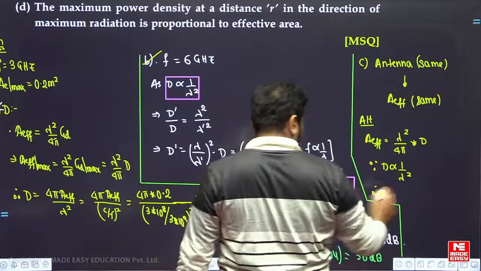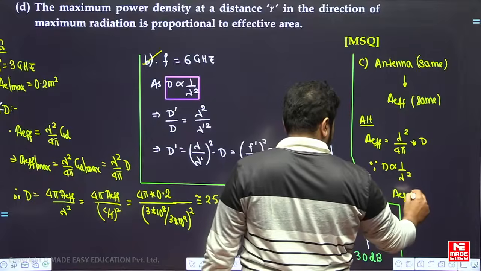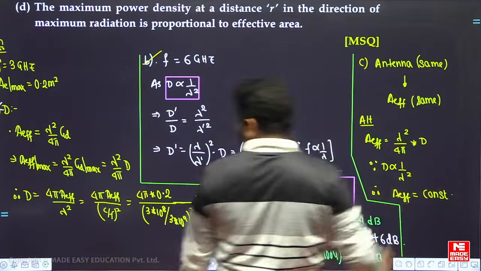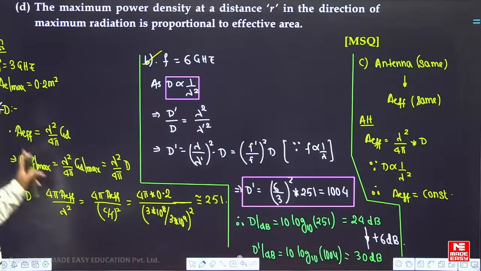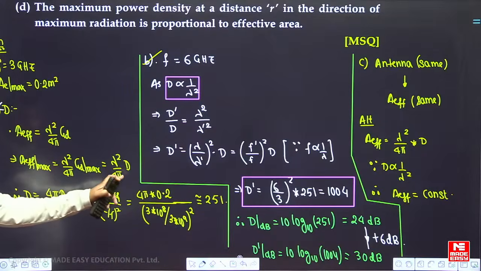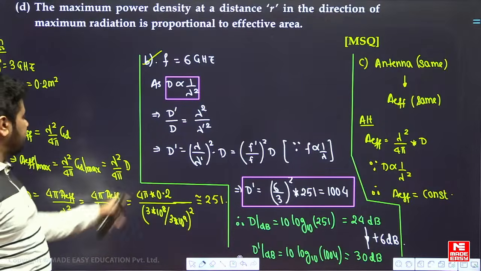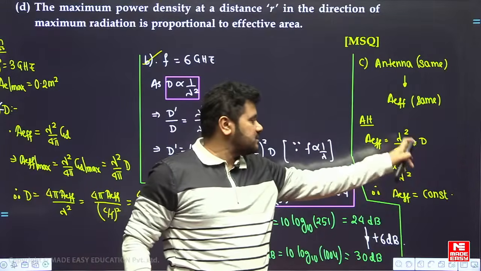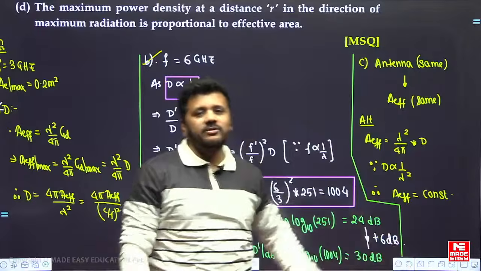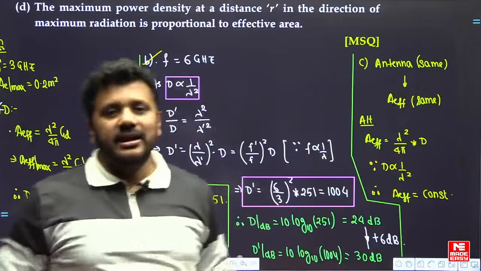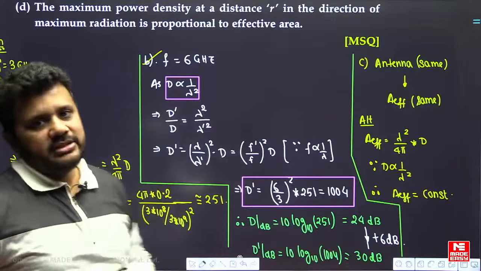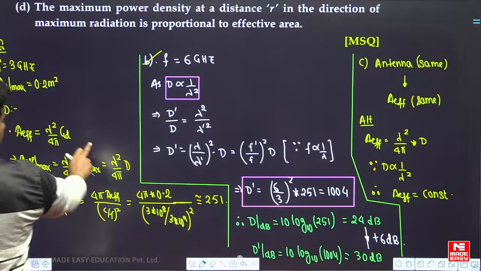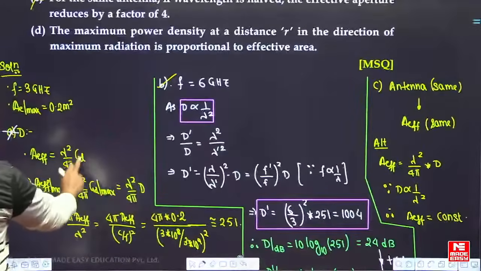So effective area is constant, isn't it? If I replace D by 1 by lambda square, I am getting a constant, the effective area will not change. If the physical antenna is there, the effective area will also remain the same. So option C is wrong, option C is wrong.